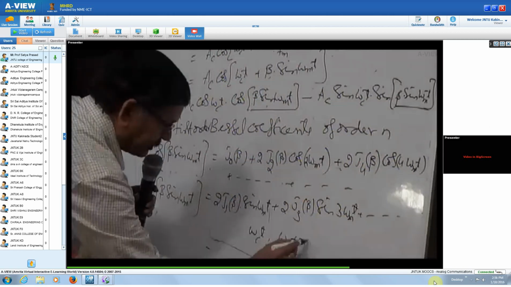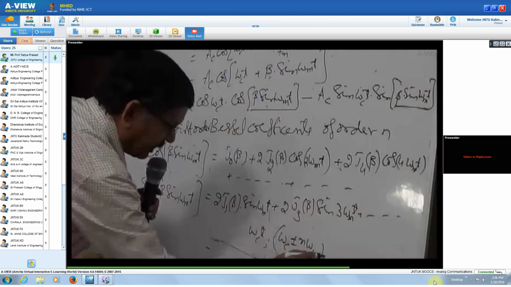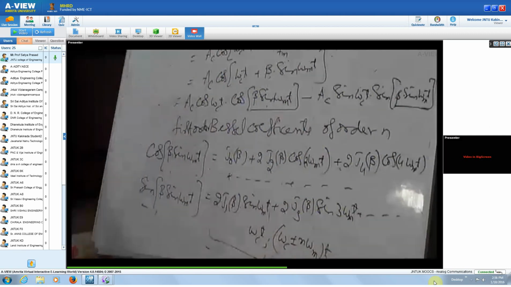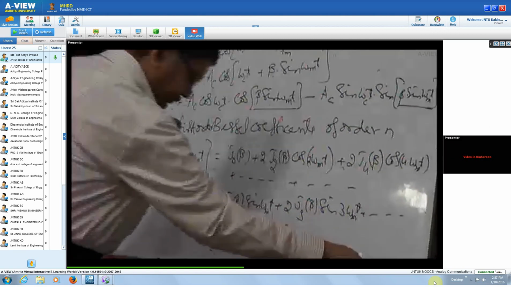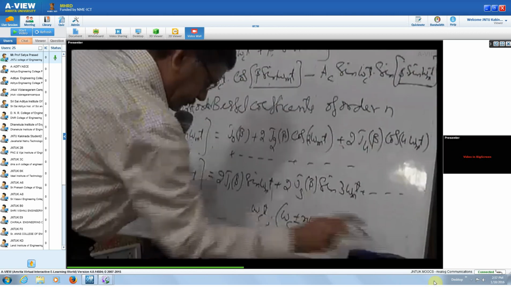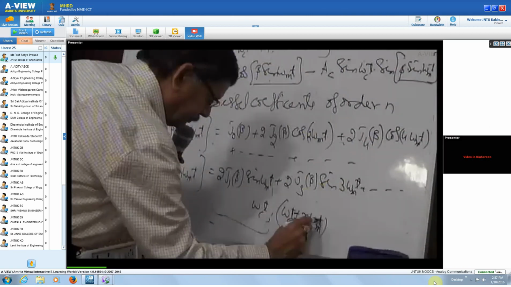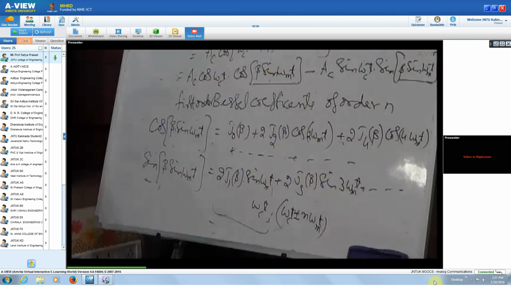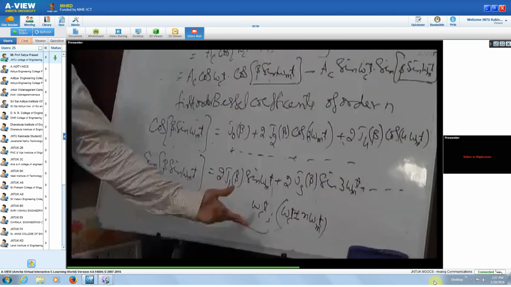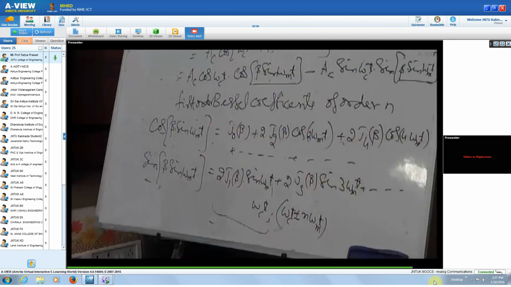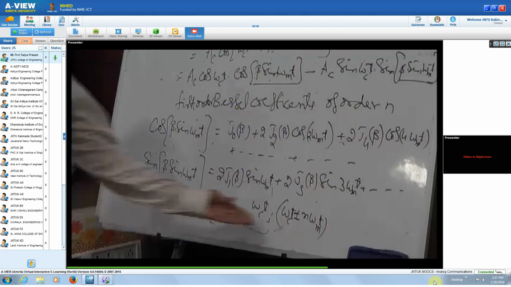plus or minus n omega m into c. So this is the signal that we are going to get, n varying from 1 to infinity plus or minus, that we are going to have.